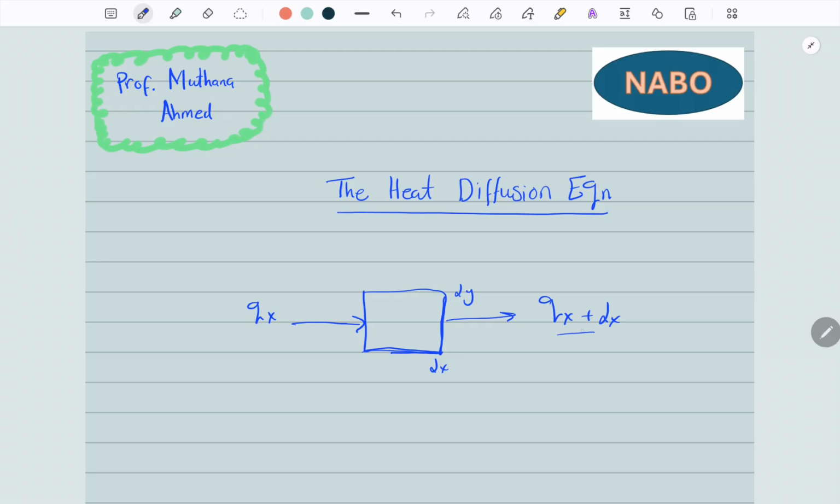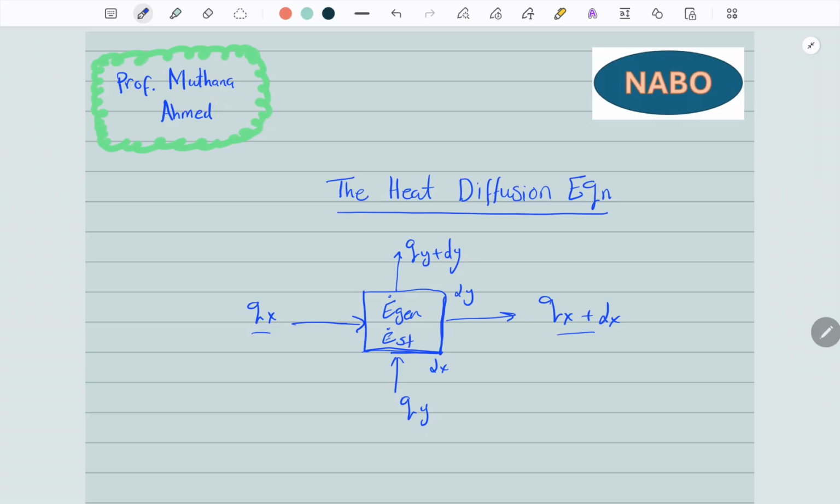So the heat leaving is qx plus that distance there. There's also heat transferred in the vertical direction, which is referred to as qy, and there's also heat leaving in the vertical direction, that'll be qy plus dy. There's energy generated inside the differential element and also energy stored.